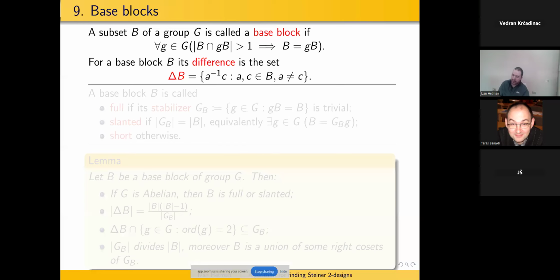Because Steiner 2 designs have the property that when you have two different points, there exists only one line that passes through these points. This property of base blocks guarantees that when we do left shifts of the base blocks, we will have this axiom of Euclid's.